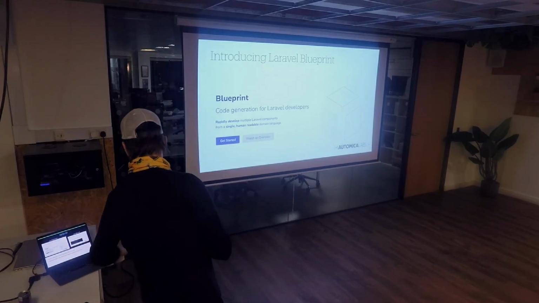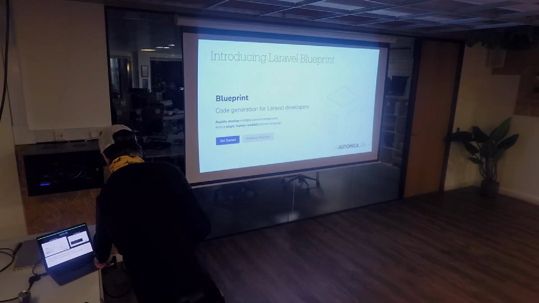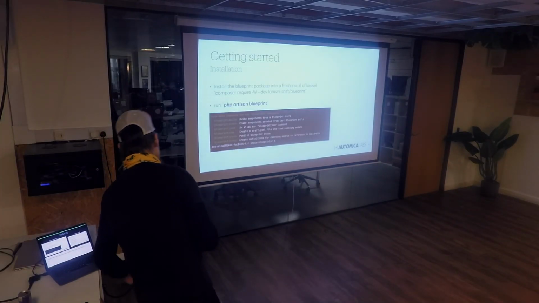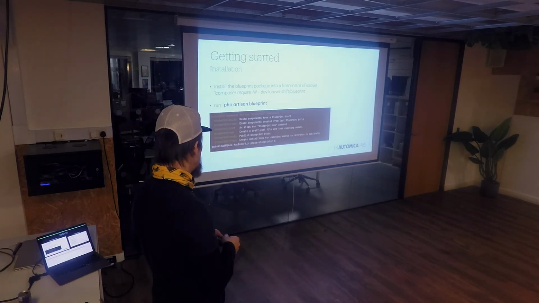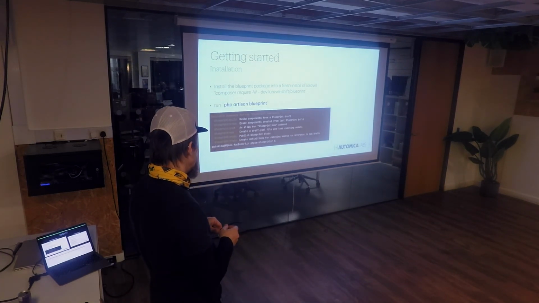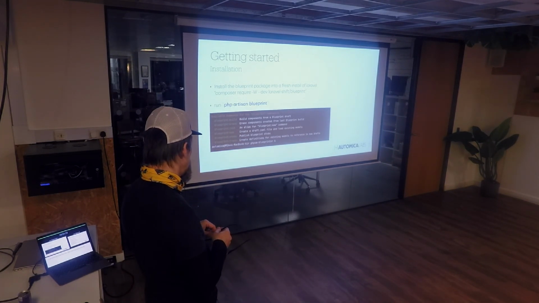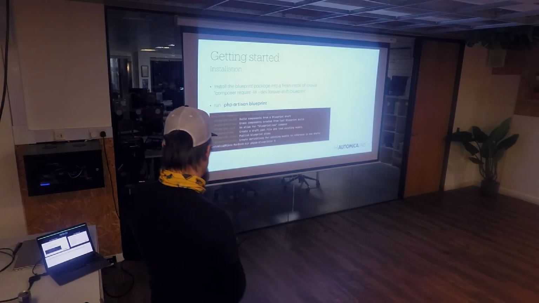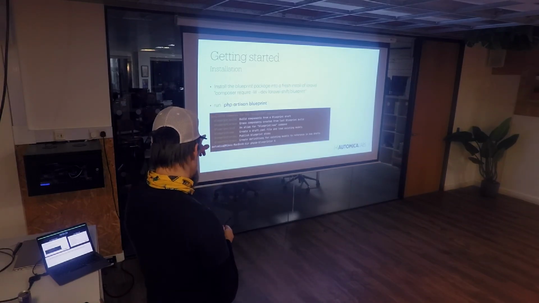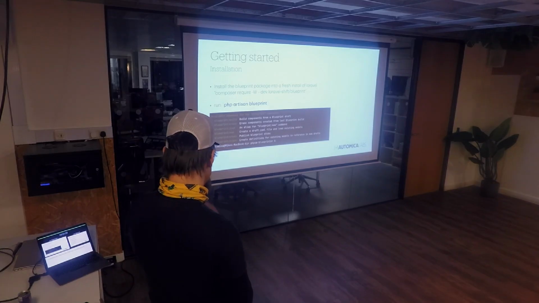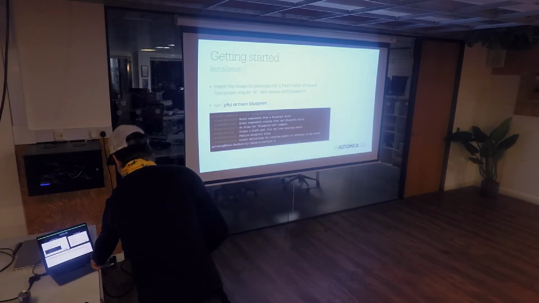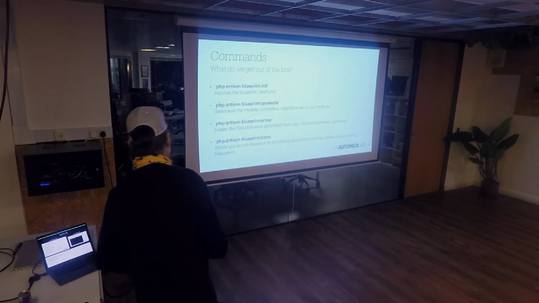So what Blueprint does, once you've installed it, is give you a load more commands in Artisan. I've run Artisan Blueprint, and you can see the commands in the space. I'll just go through those as well.